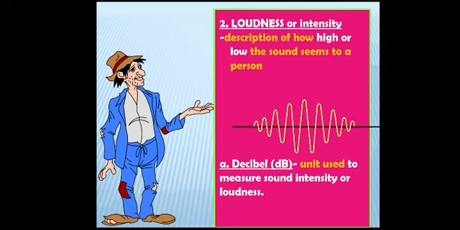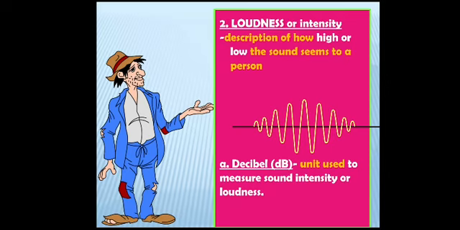In loudness, we consider how high the sound waves are, how thick the intensity of the sound wave is. Whereas in pitch, we counted the number of sound waves. Okay, my dear children, the unit of loudness is the decibel.